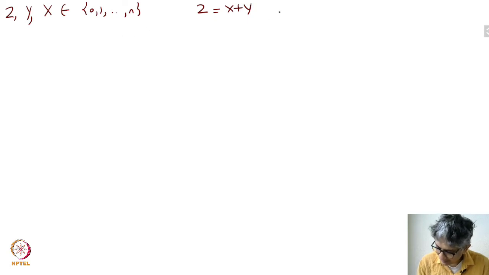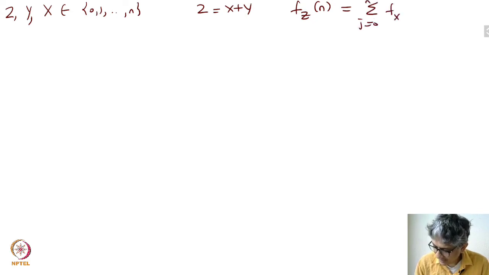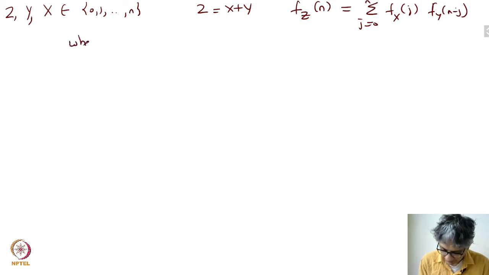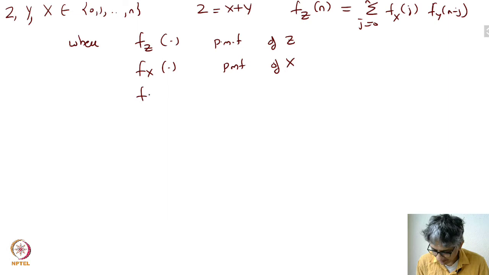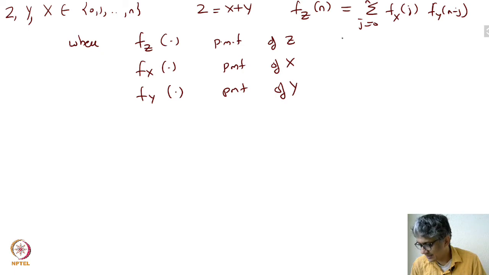And then we found out that the probability mass function of z at the point n was the sum from j equal to 0 to n of f sub x of j times f sub y of n minus j, where f sub z was the probability mass function of z, f sub x was the probability mass function of x, and f sub y was the probability mass function of y. Of course, these two being independent was crucial.